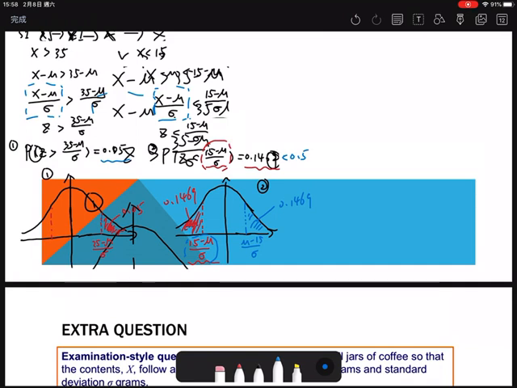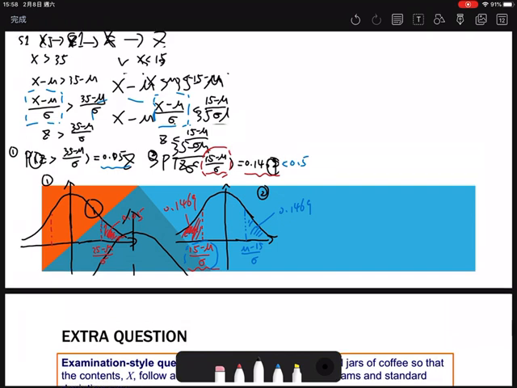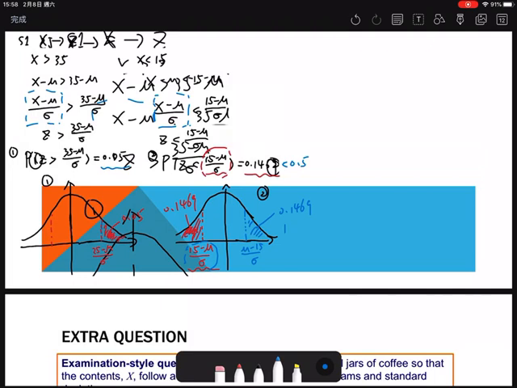However, the table doesn't give us P(Z greater than mu minus 15 over sigma) equals 0.1469, but it gives us the probability of capital Z smaller than small z, the probability of this region.